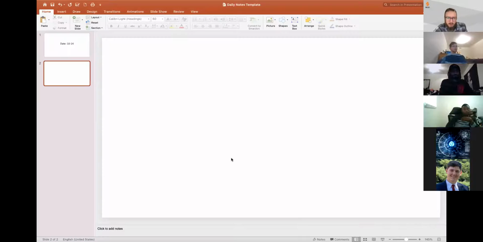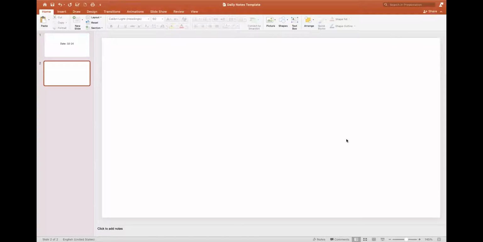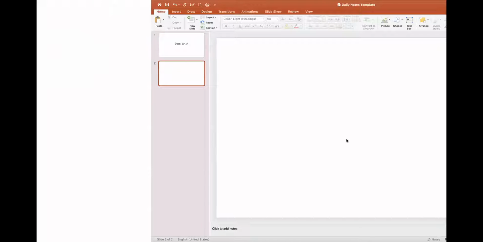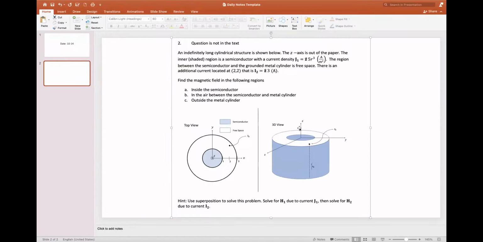So homework 6, let's spend a bit more time. There's another problem, and it's on Ampere's law. I think the Ampere's law stuff will be more difficult than the last two problems, which are boundary condition ones. So let us take a look.